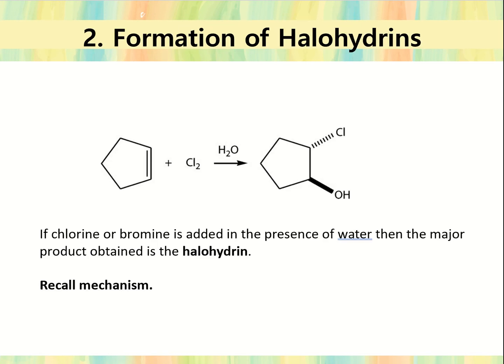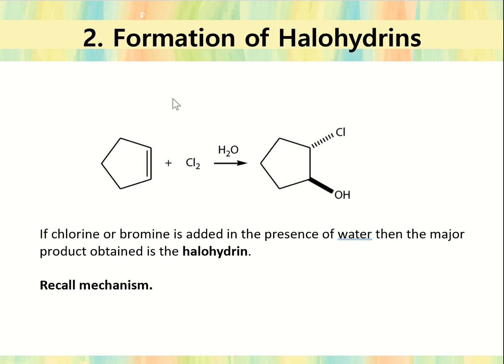All right, so the other reaction of alkenes that we'll be looking at is the formation of halohydrins, right? So this should ring a bell as well. So we have our alkene here, we have our halogen, and we have water.